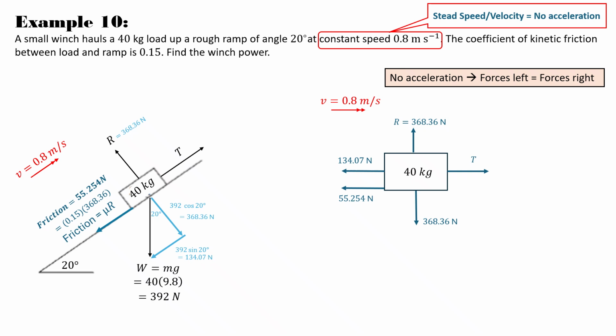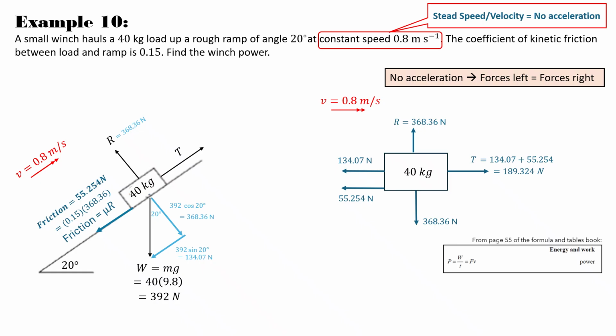So that means that T, that tension, can be given as 134.07 plus 55.254, which works out 189.342. And now we can work out our power as F, that force, times velocity. This is just the power of the winch itself. So we're using the force of the winch times that constant speed. And that works out as 151.4592 watts.